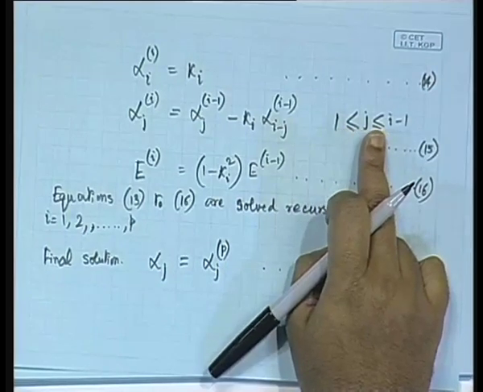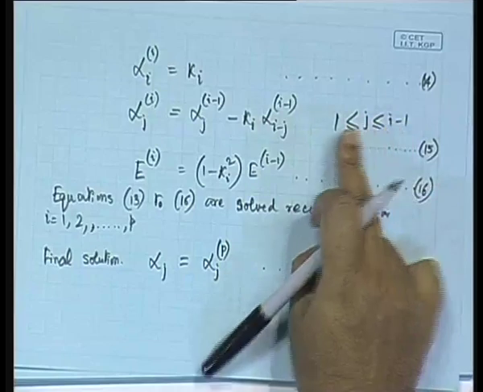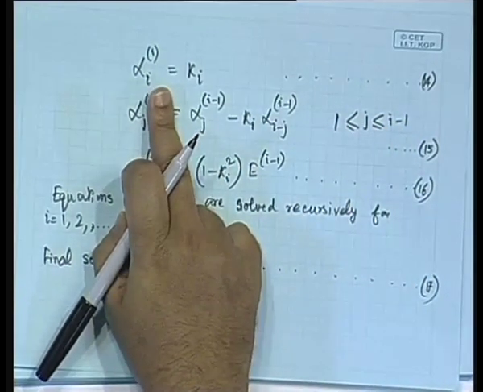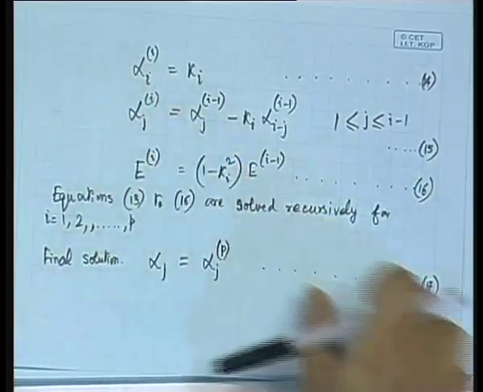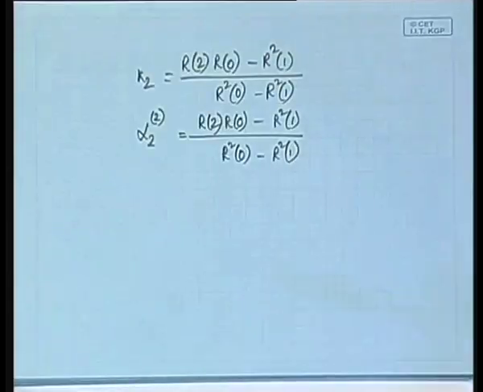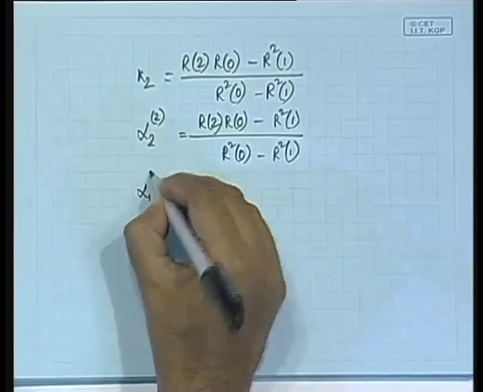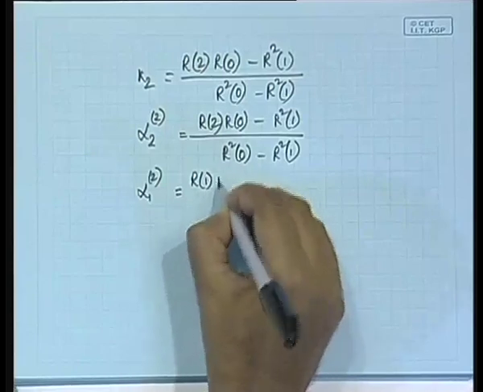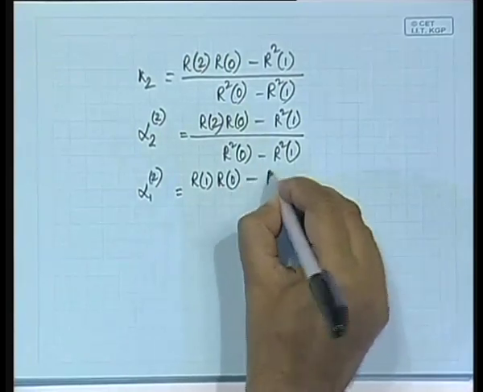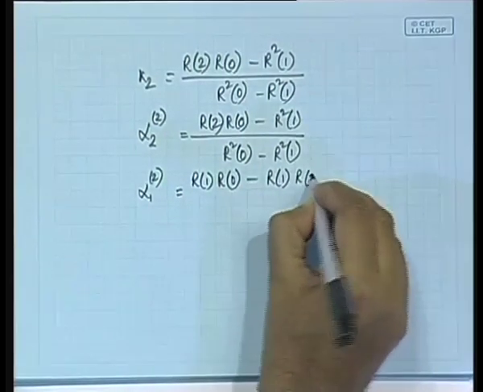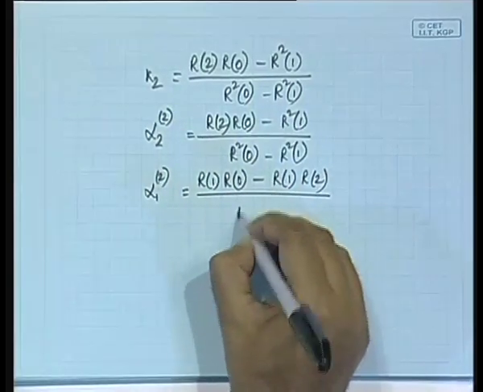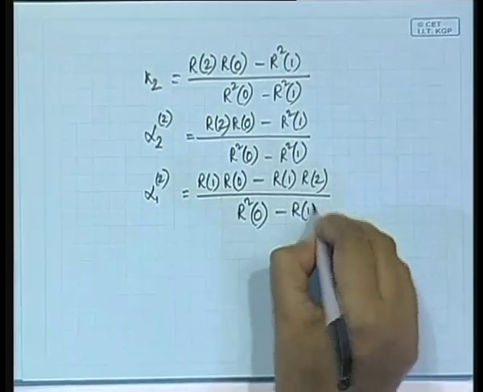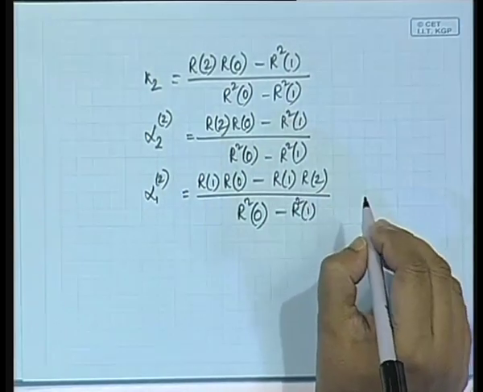So which means alpha 1 with i equal to 2, alpha 1's second estimate, we can now obtain. That becomes equal to (R1 R0 minus R1 R2) divided by (R0 square minus R1 square), okay.